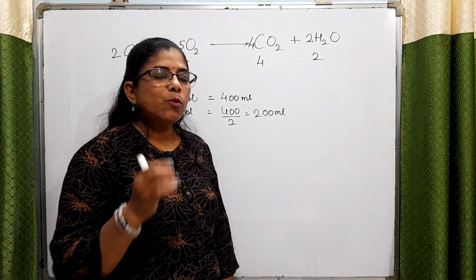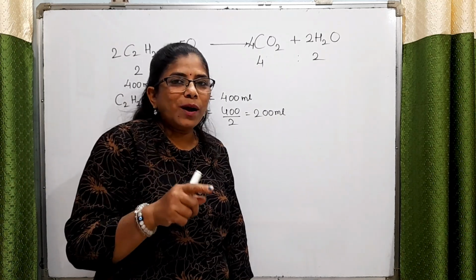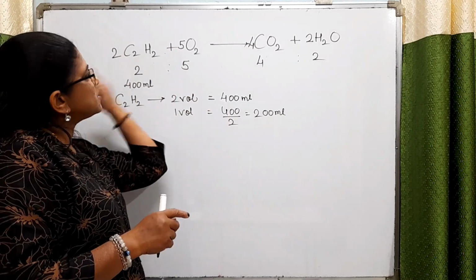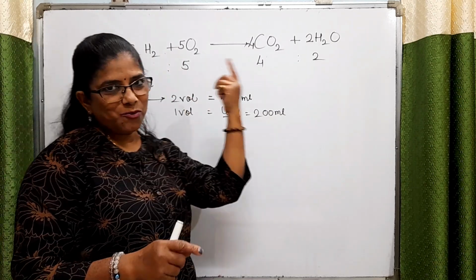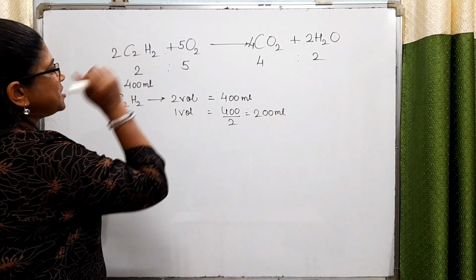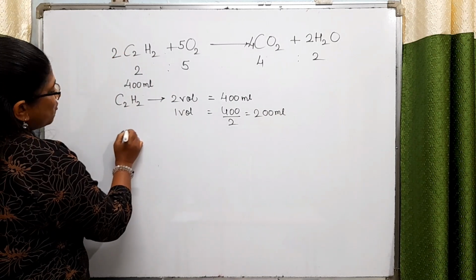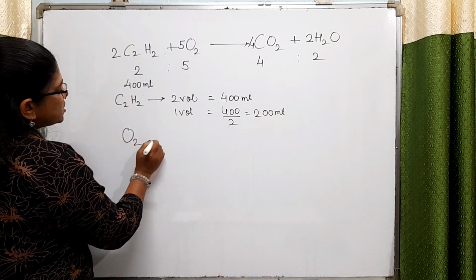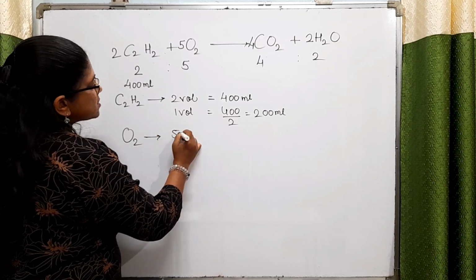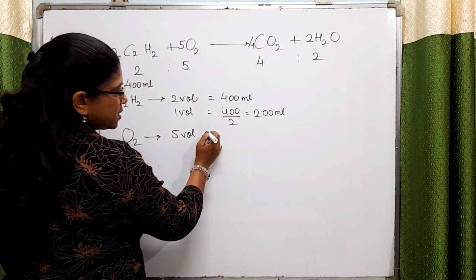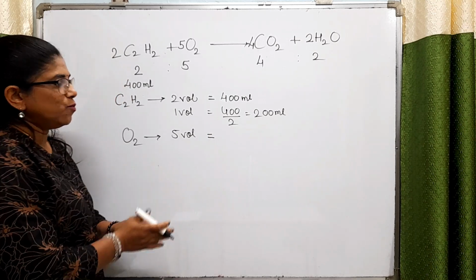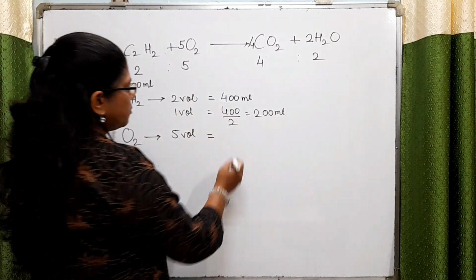Now the question is how much oxygen is required for the complete combustion of this 400 ml of acetylene. Oxygen required is 5 volumes, and we know that 1 volume is equal to 200 ml.